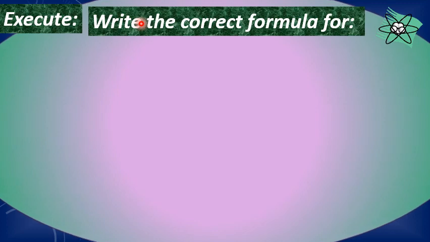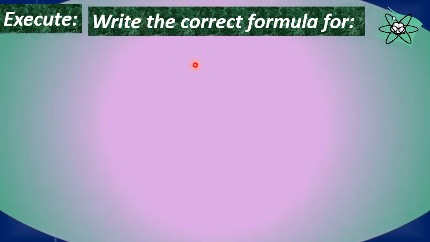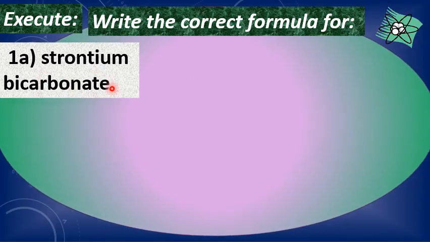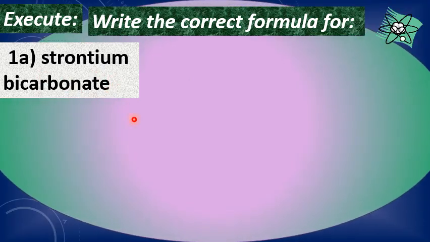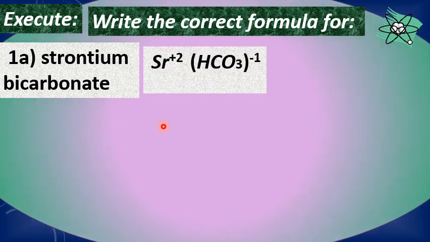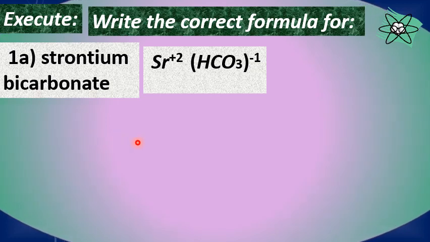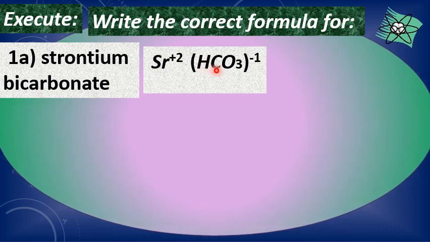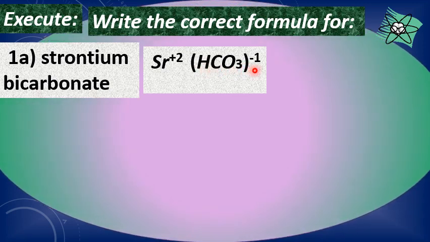Answering the given questions now. For question number 1, we have to write the correct formula for strontium bicarbonate. Here, strontium has an ionic charge of positive 2, while the polyatomic ion bicarbonate, the formula of which is HCO3, has an ionic charge of negative 1.